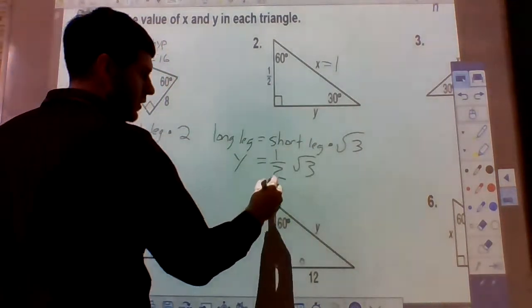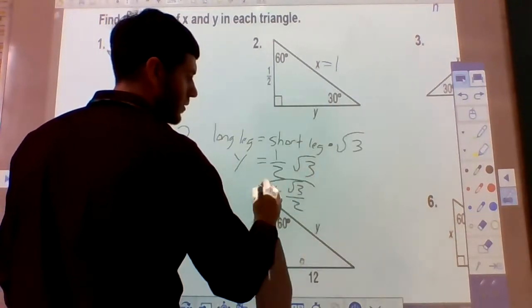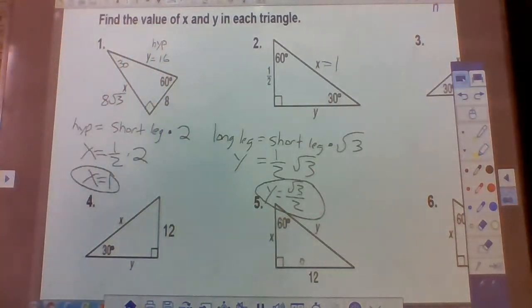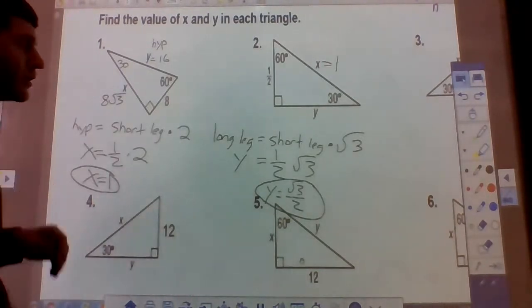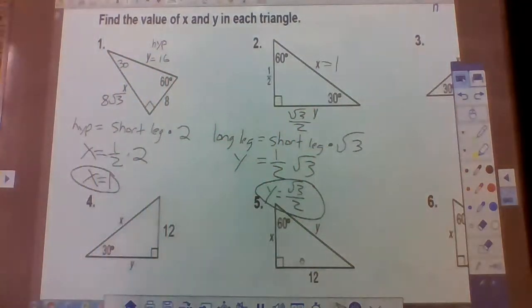So that's going to be the square root of 3 over 2, which is 0.8666, I believe. So square root of 3 over 2. It's an interesting triangle we have there.